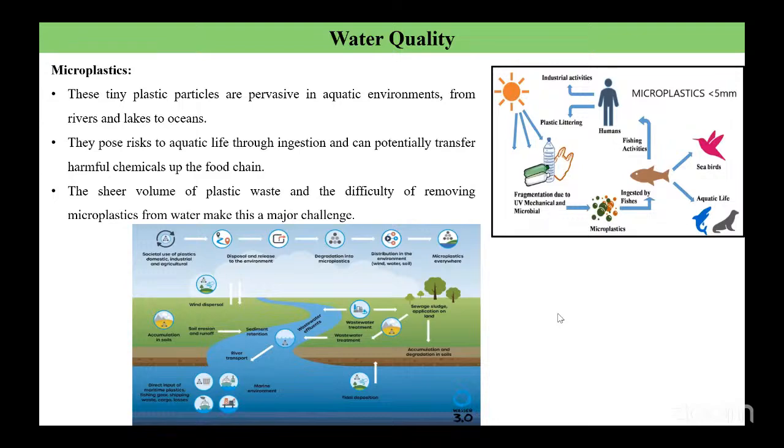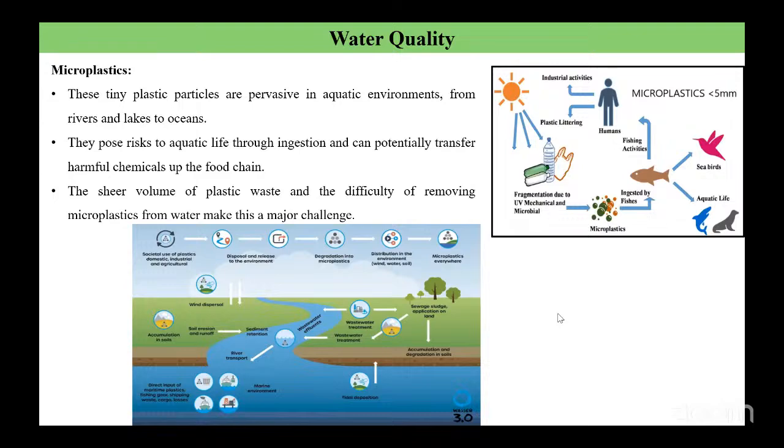So how are these microplastics formed, and from where are we getting them? These are basically tiny plastic particles, pervasive in the aquatic environment, mainly from rivers and lakes, ultimately leading to oceans. So these microplastics are easily carried.